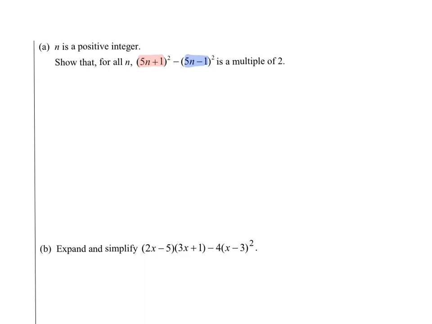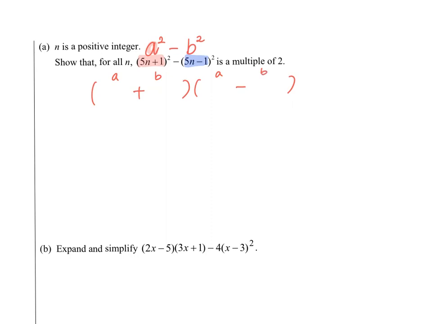So this is actually of the pattern a squared minus b squared. What do we know about a squared minus b squared? Well, a squared minus b squared gives us a plus b, a minus b. So it'll be a plus b, a minus b.